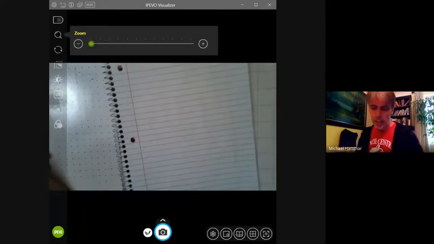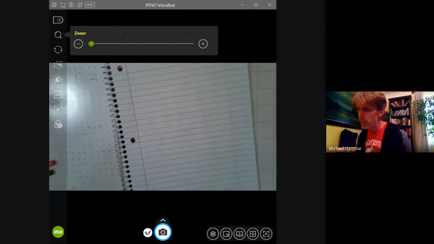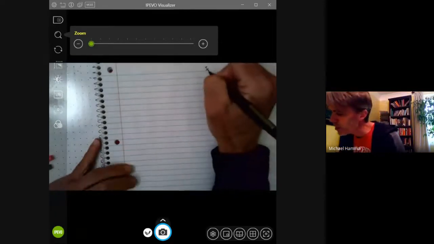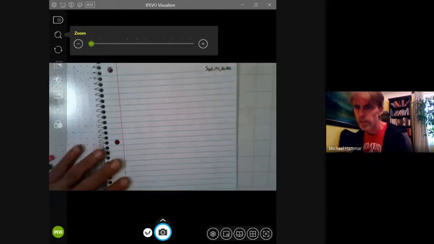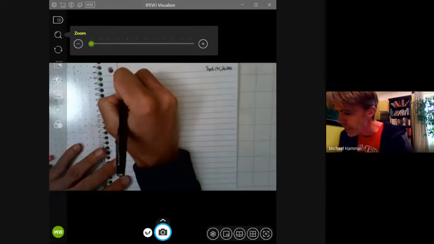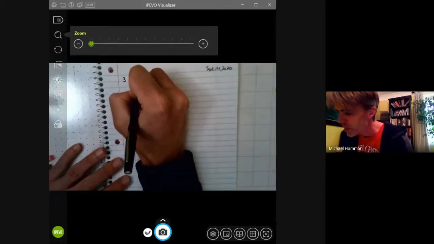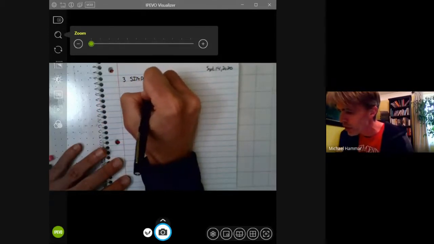The next page is our third and final technique. It will be, I think, somewhere near September 14th, 2020. So put whatever date it is. This last and final technique is called simplification.